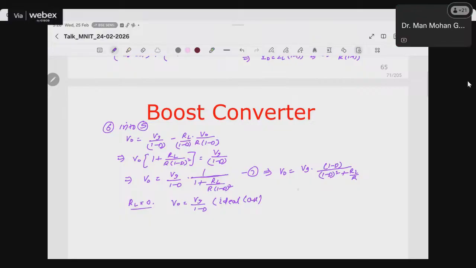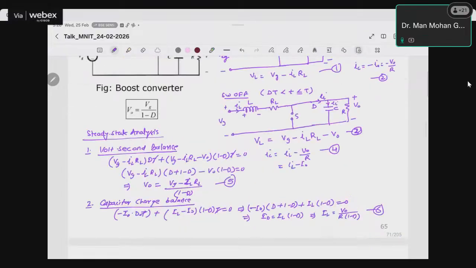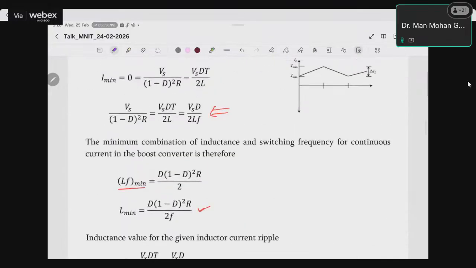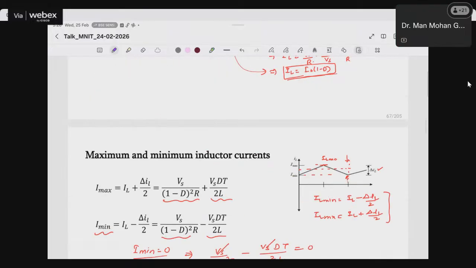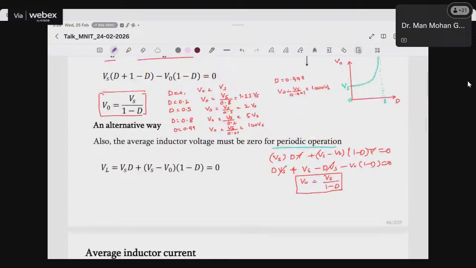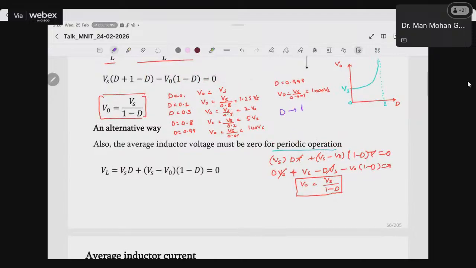Okay. So if you put d equal to 0 here, then what is the output? Vg upon 1 plus RL by R. If you put d equal to 1 here, then Vg into 0 upon RL by R. So the output voltage is equal to 0. What happened here? Previously, we were expecting that if the duty cycle reaches 1, then the output voltage should reach infinity in the ideal case.